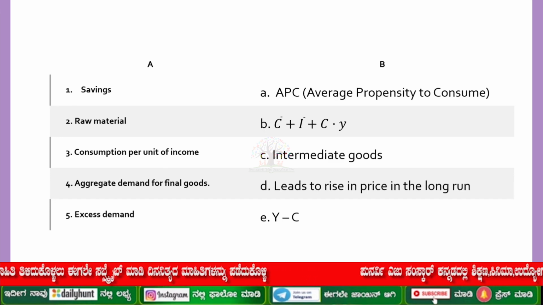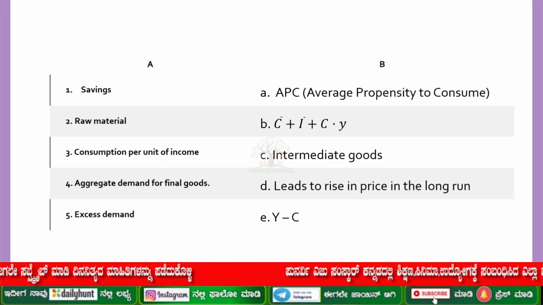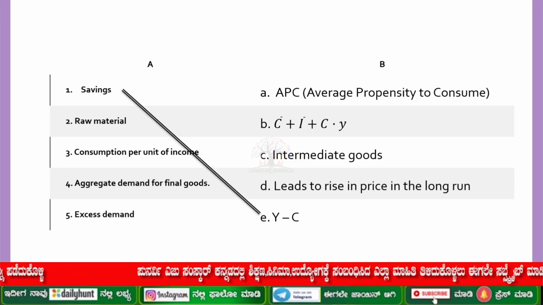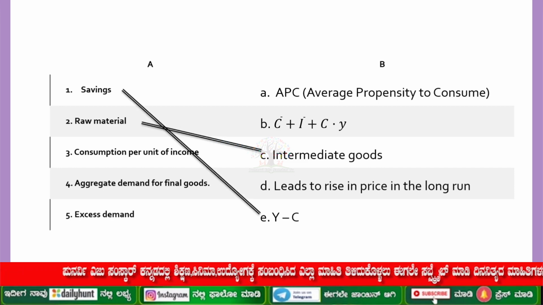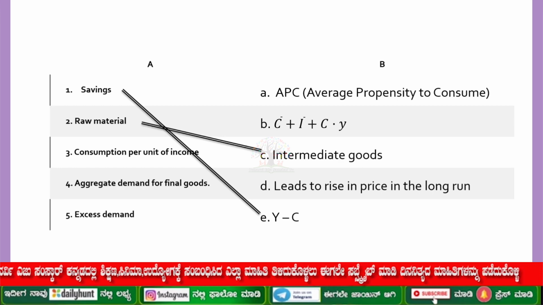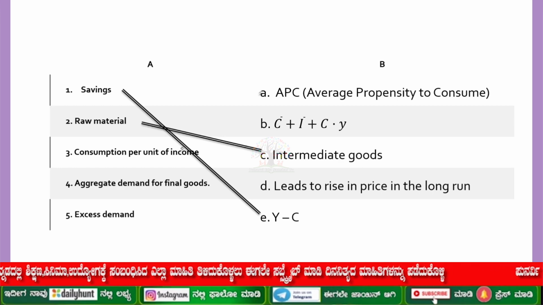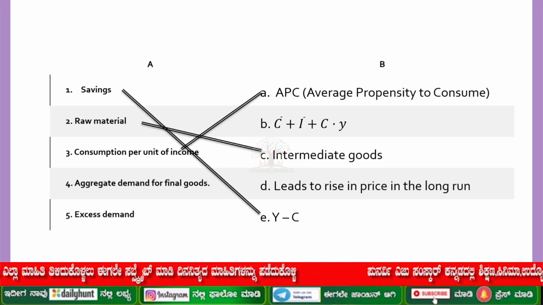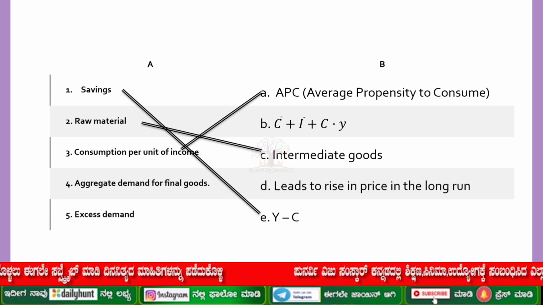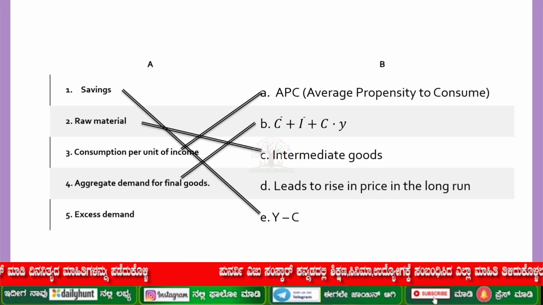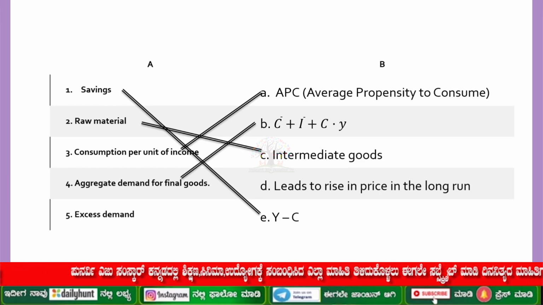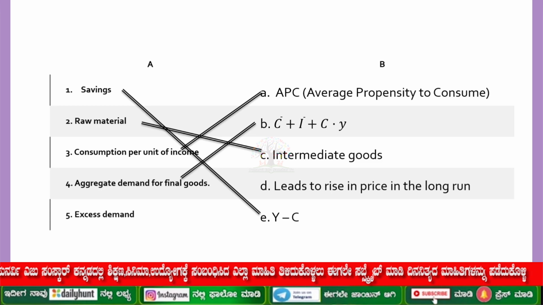Savings, that part of income which is not spent, that means Y minus C. Raw material, intermediate goods. Consumption per unit of income, average propensity to consume. Aggregate demand for final goods is denoted by C bar plus I bar plus CY. Excess demand: when demand is more, we know it leads to a rise in the price in the long run.